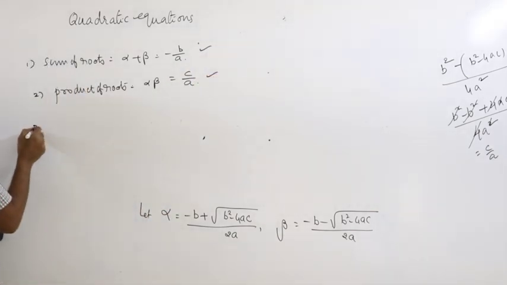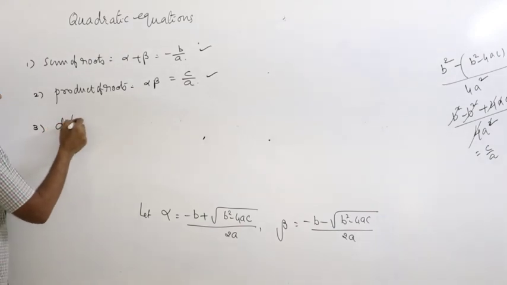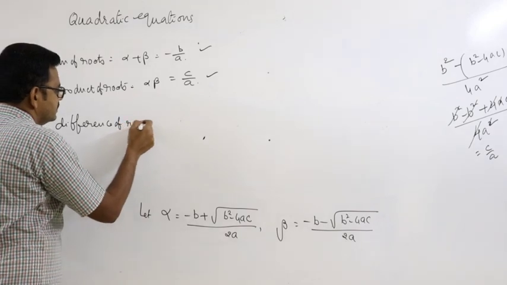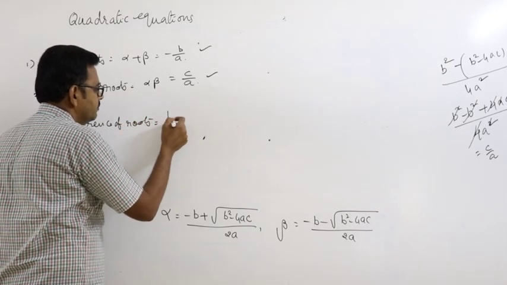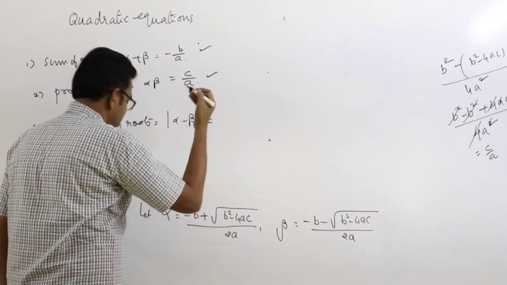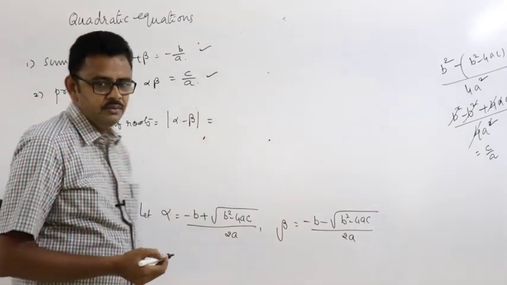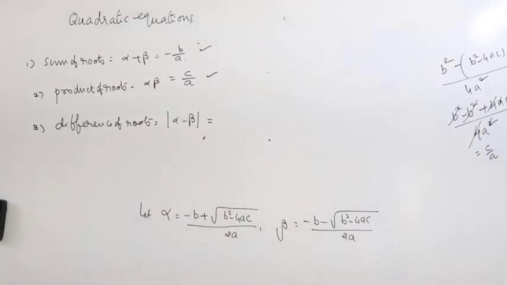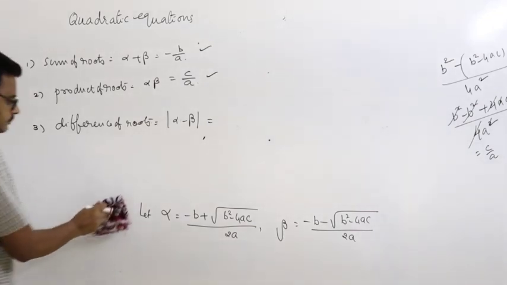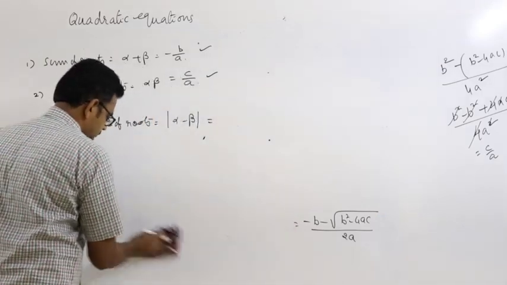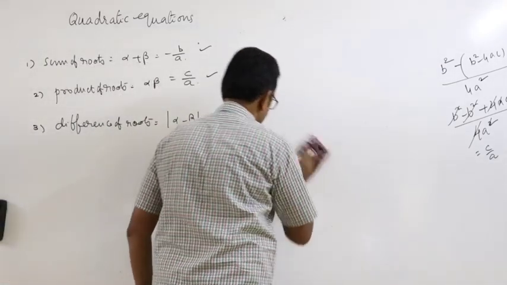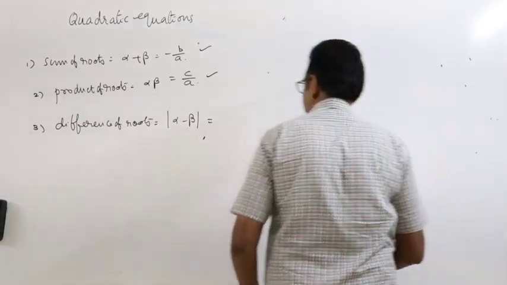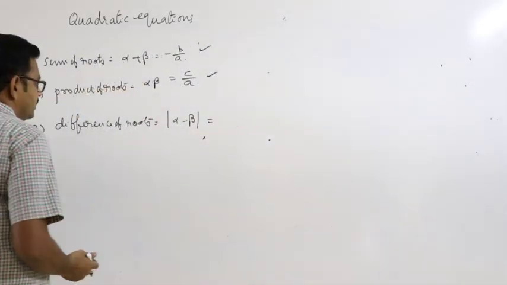And the next, difference of roots, that is mod of alpha minus beta.